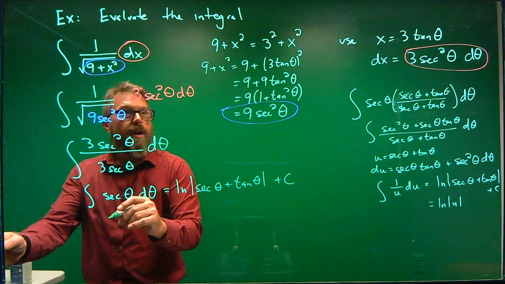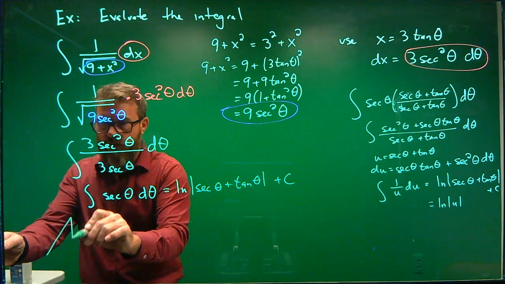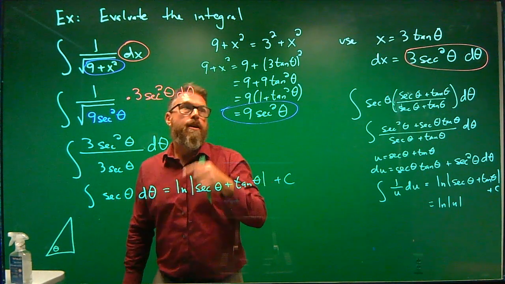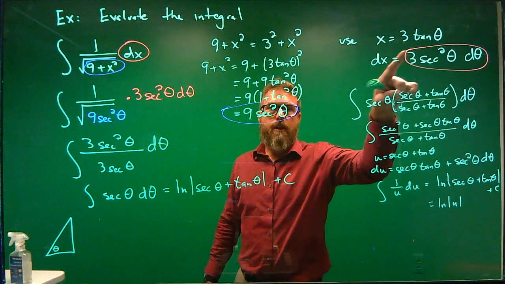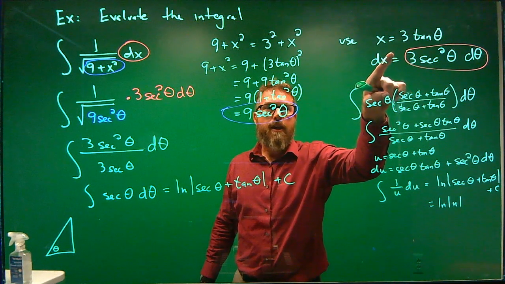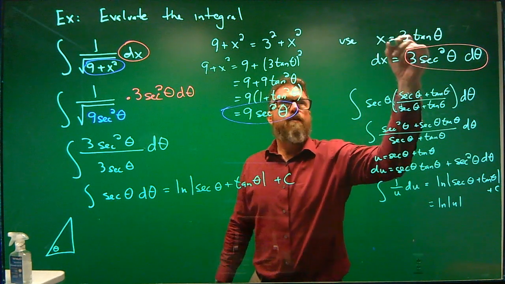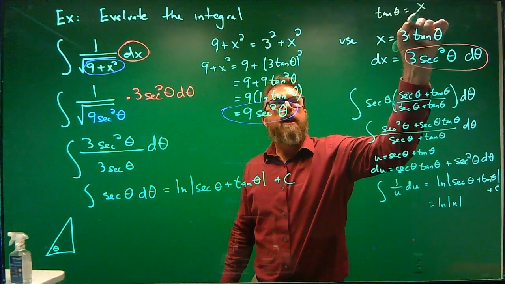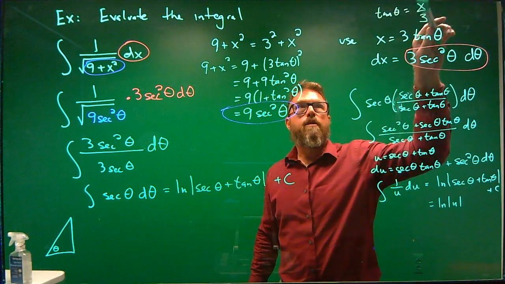So the reference triangle is going to look like this. This is going to be equal to theta. And this is an easier way to figure out your reference triangle: if I solve for the tangent of theta, it is equal to x over 3, which is opposite over adjacent.